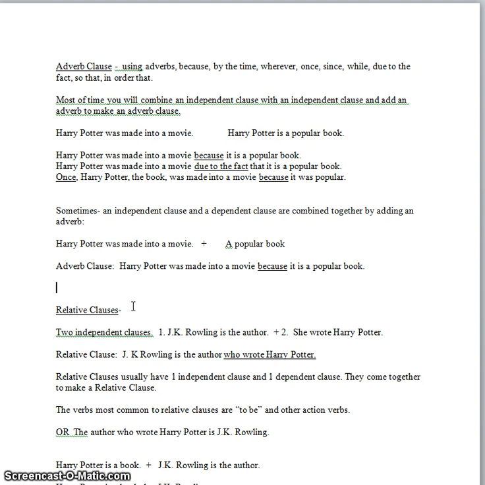Now let's talk about relative clauses. A relative clause is usually two independent clauses like J.K. Rowling is the author and she wrote Harry Potter. I can combine them together to make a relative clause. J.K. Rowling is the author who wrote Harry Potter. This is my relative clause.